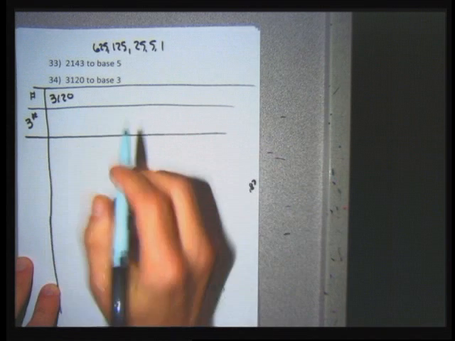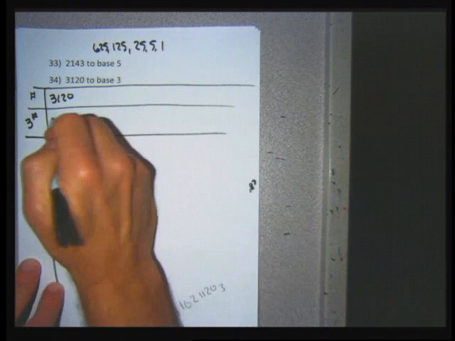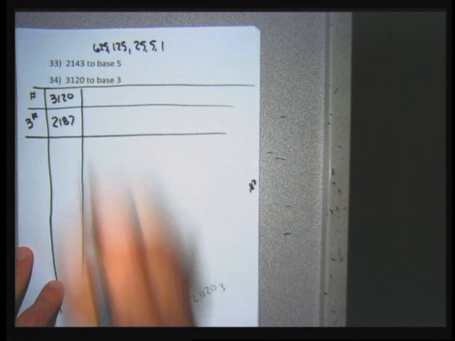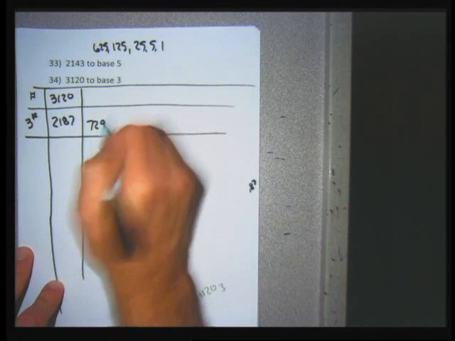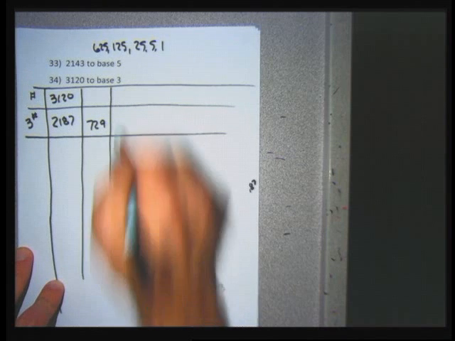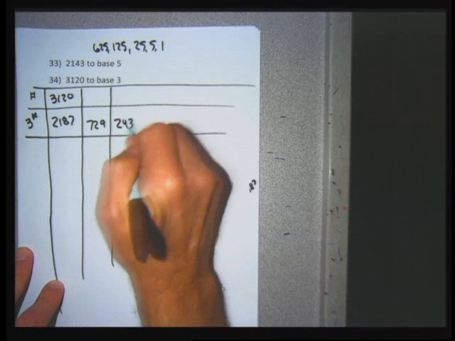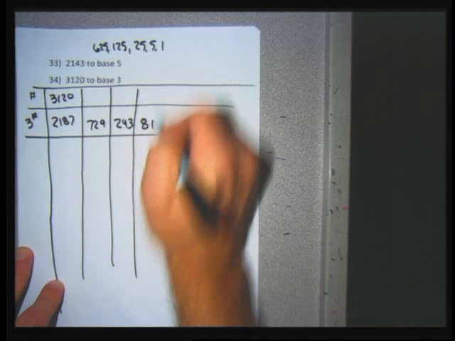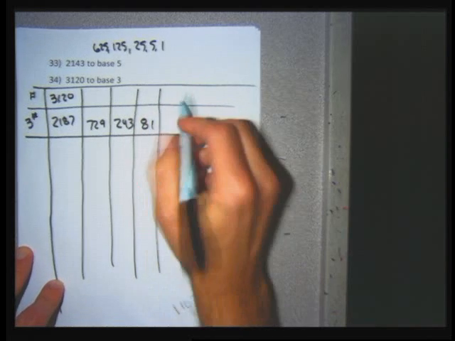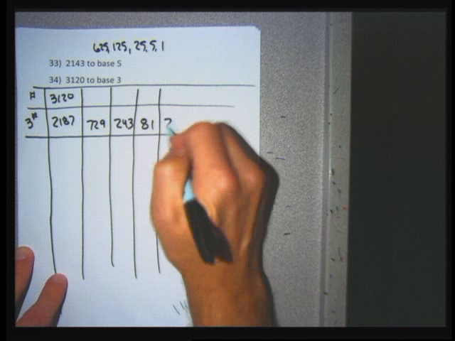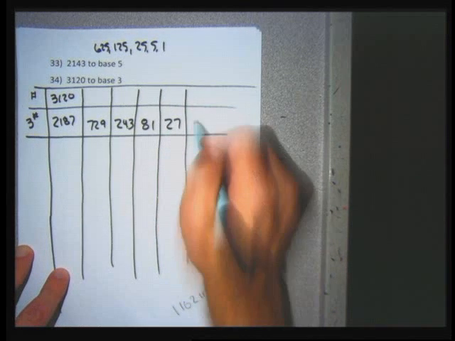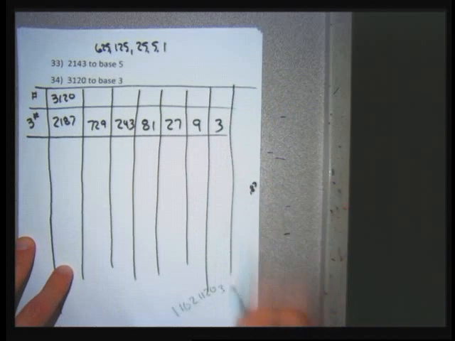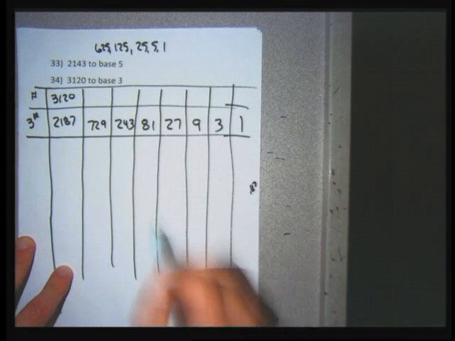And I'm going to have 2187, 729, 243, 81, 27, 9, 3, and 1.